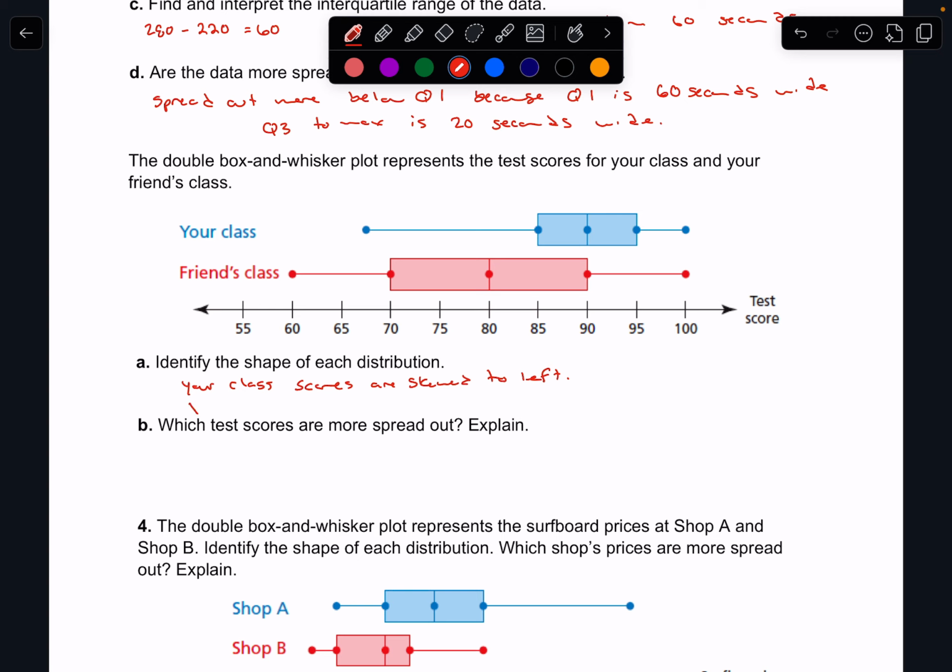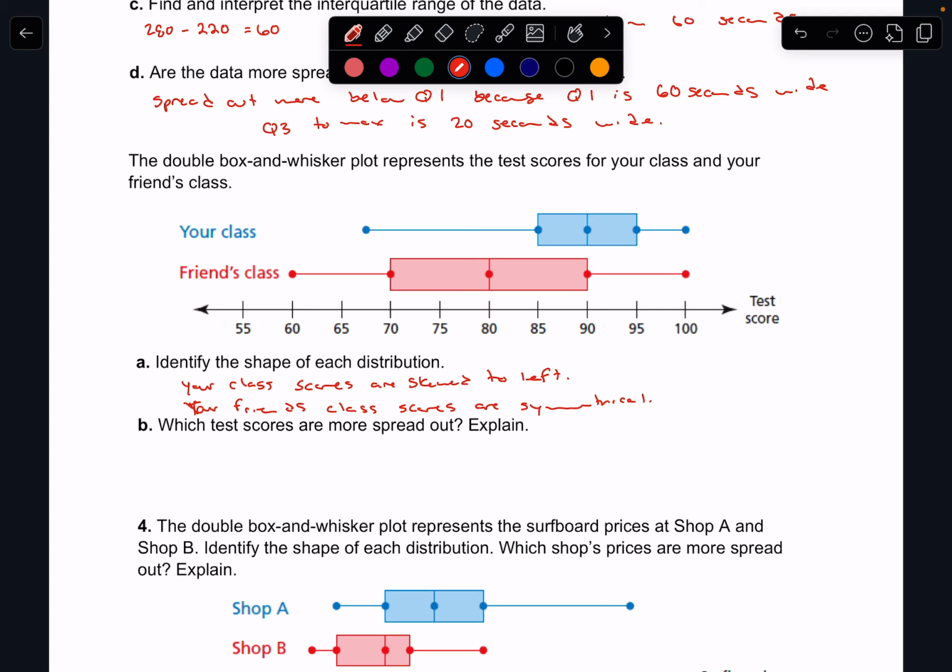Your friend's class scores are symmetrical. Okay, which test scores are more spread out? So now we're looking at the length of the diagram. So your class goes from 100% to, what, about 68%.